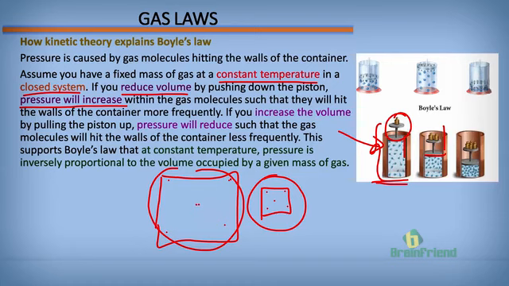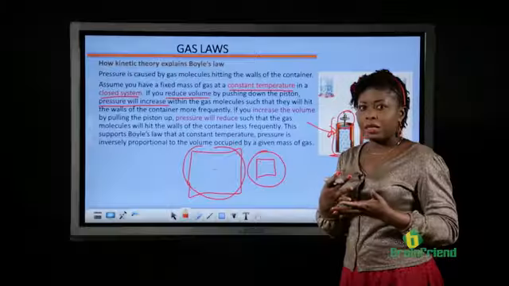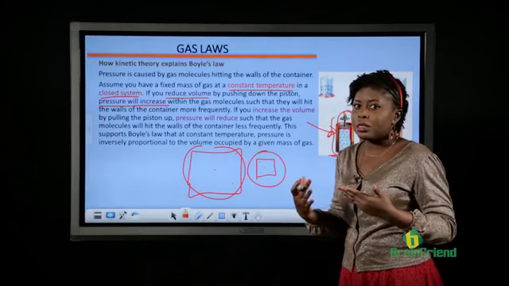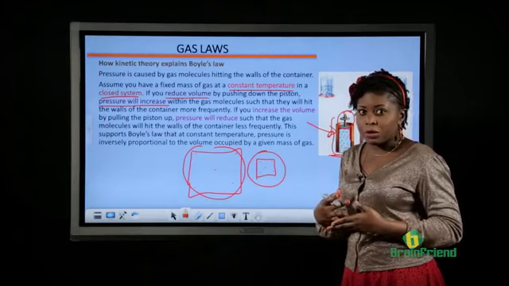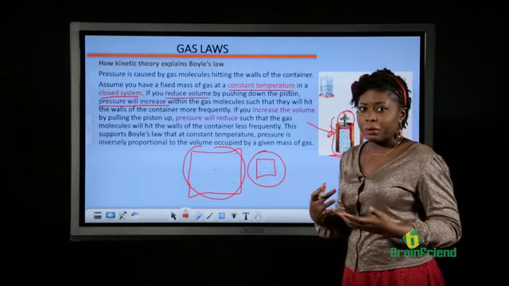We are saying that these gas molecules in this first container, when the piston is pushed down so that they have a smaller space to move about, it means that the distance between the gas molecules is going to be reduced. And since they don't have so much distance about them, they begin to collide more with themselves and with the walls of their container.